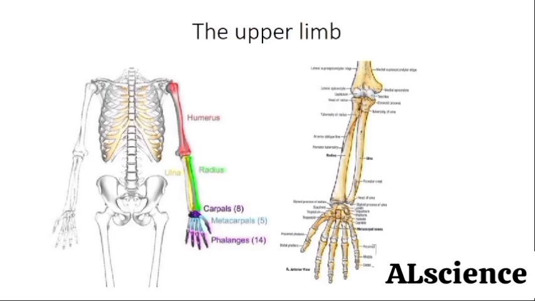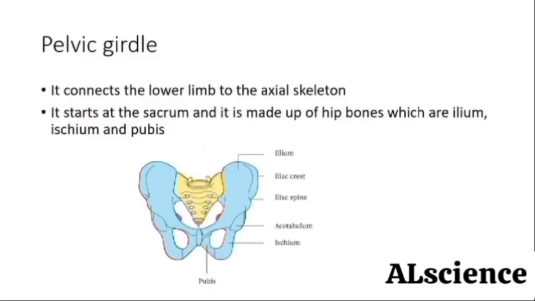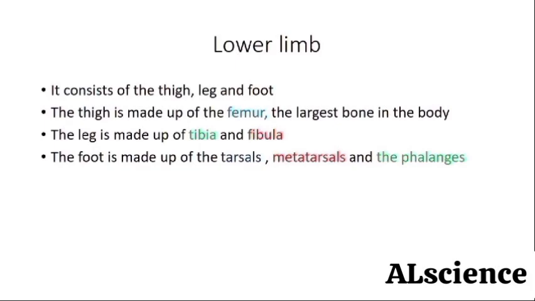Let us move on to the pelvic girdle. The pelvic girdle connects the lower limb to the axial skeleton. It starts at the sacrum region, and it is made up of hip bones, which are the ilium, the ischium, and the pubis. Let us move on to the lower limb. The lower limb consists of the thigh, the leg, and the foot. The thigh is made up of the femur, which is the largest bone in the body.